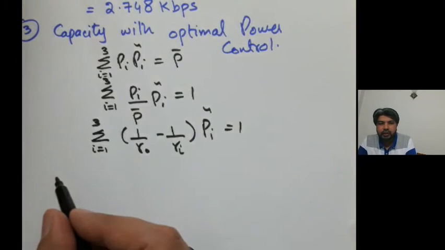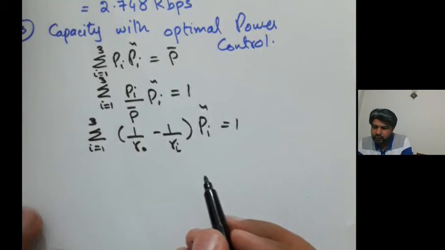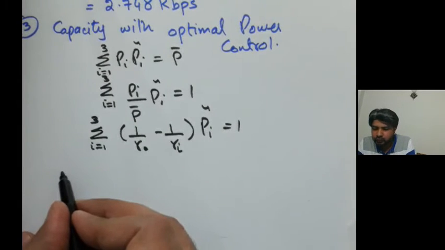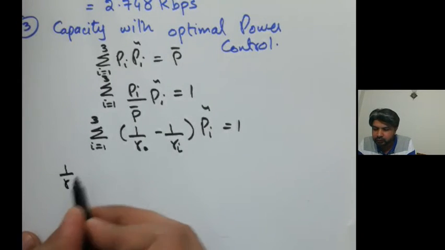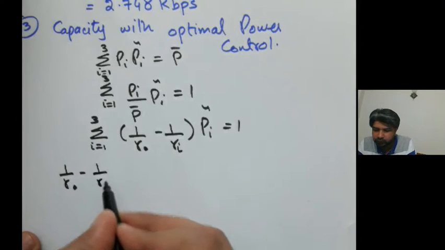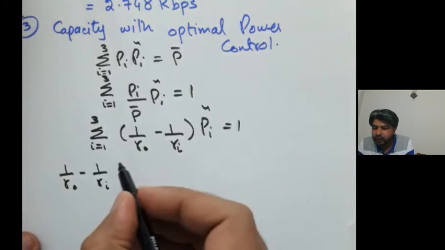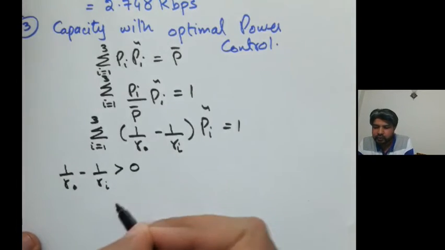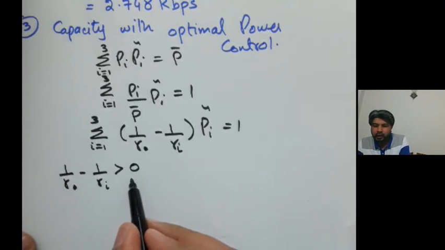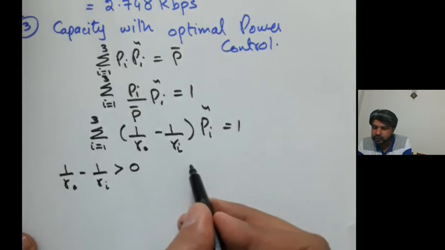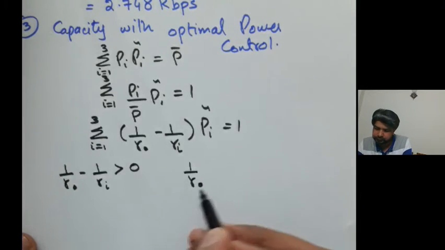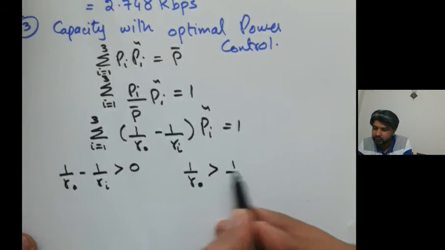One thing I want you to understand upfront is that we want 1 over gamma naught minus 1 over gamma i, for all values of i, to be greater than 0, because otherwise you would have a 0 as your power control. You would pour in no power at all. What does this mean? This means that 1 over gamma naught must be greater than 1 over gamma i.